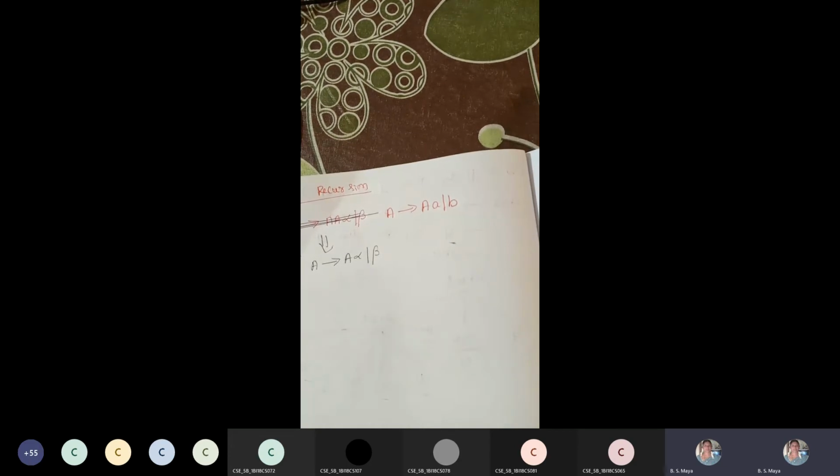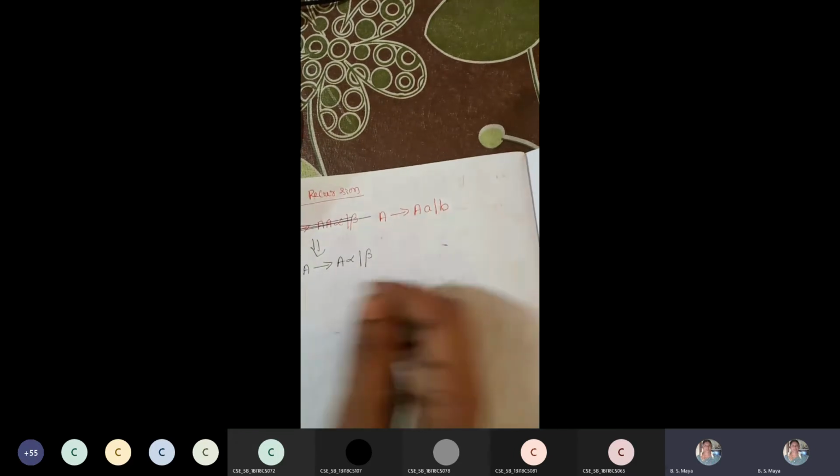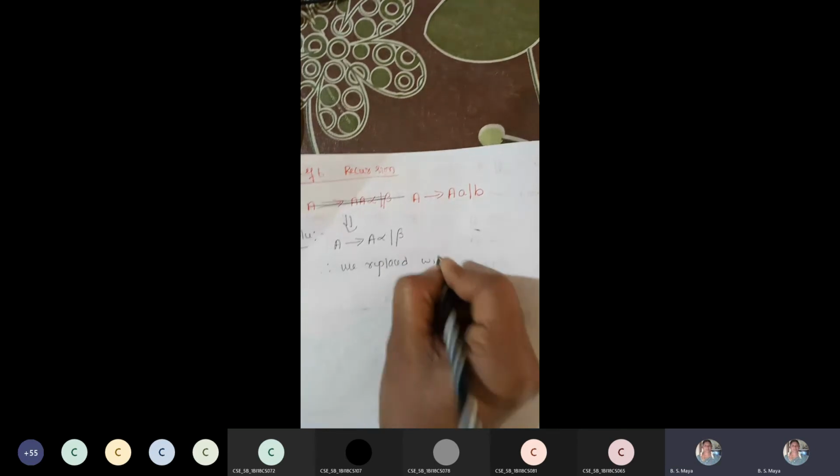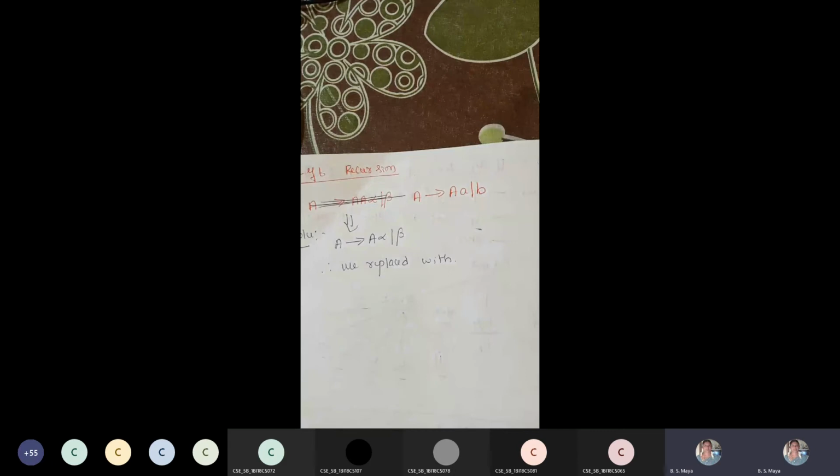A derives A or B. It looks like A alpha or beta. Is the grammar left recursive, yes or no? What is the replacing production?